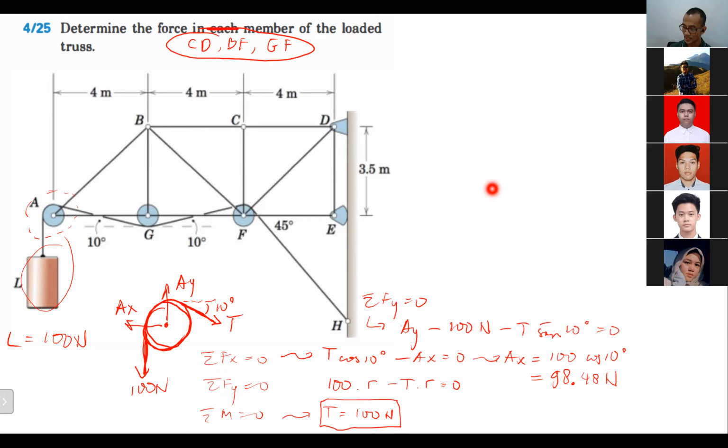Then Ay is equal to 100 Newton plus 100 Newton sin 10 degrees. That's why Ay will be 117.364 Newton.